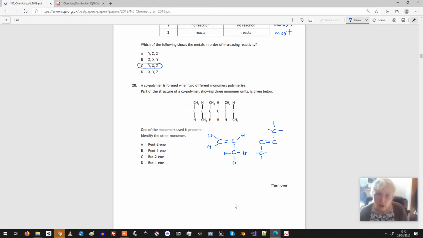Yes, I think it could. I think a butene would be able to join up with a propene to form this collection here, because we'll have one like that and we'll have another one sort of like that, and that sort of looks similar to this. So I'm going to say butene, C. Thanks for watching. Bye.